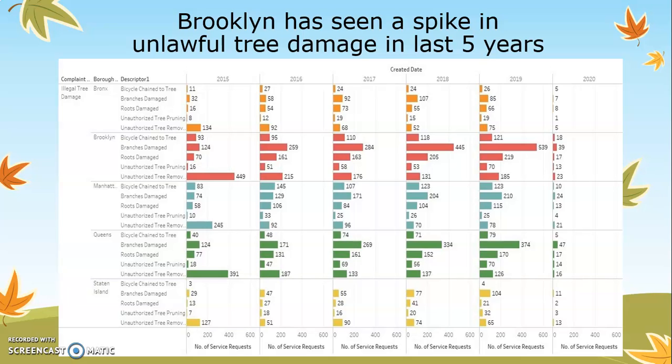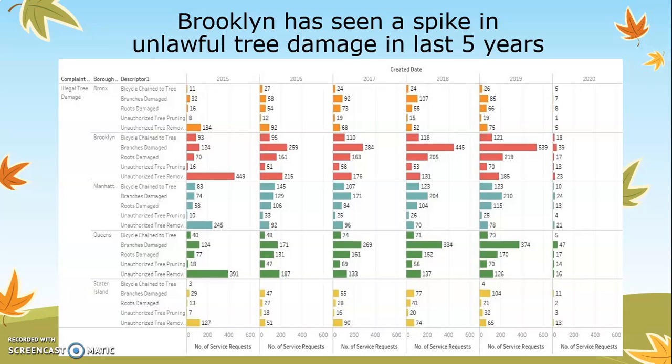There is a lot of unauthorized tree pruning and unauthorized tree removal being done. And since we know that the maintenance of trees has a cost associated with it, if there is repeated damage done to them, then the overall cost of a service request can increase over time.